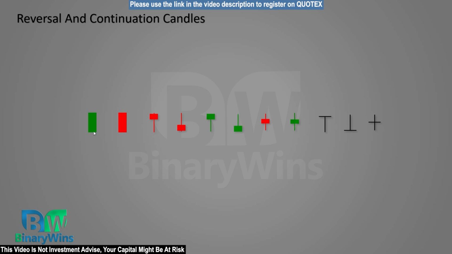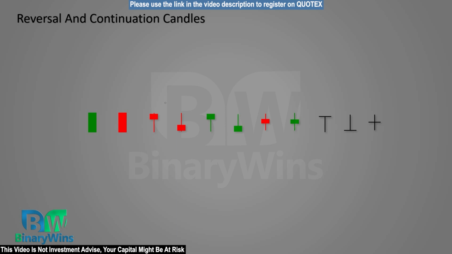These candles are very important candles that show different behavior in the chart. We should know how we can trade by analyzing their behavior when we see these candles.